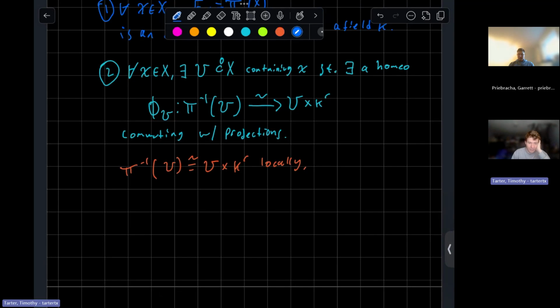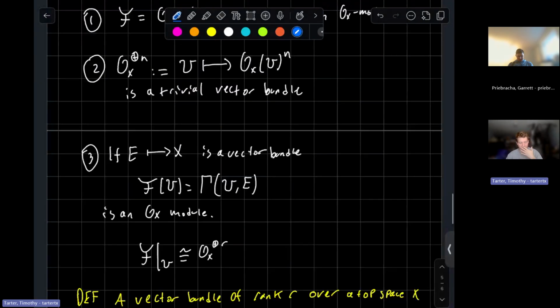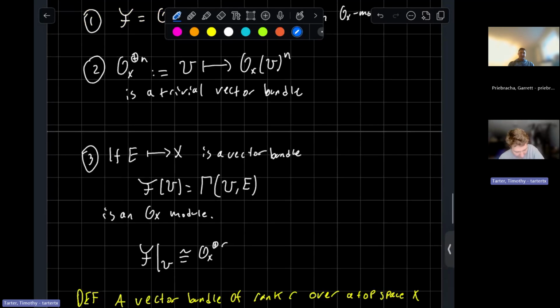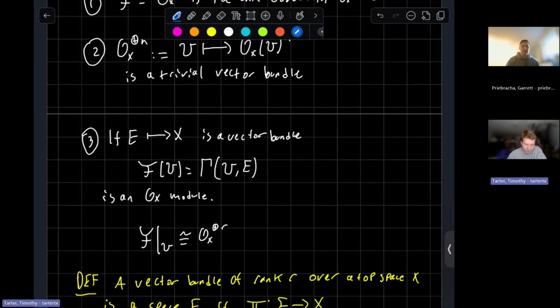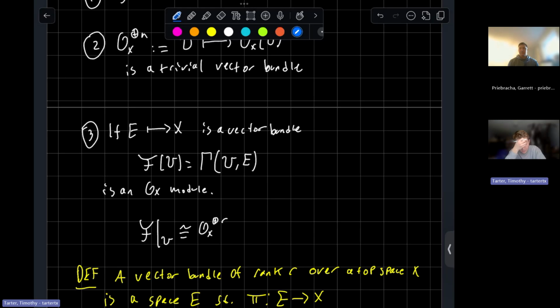So at each point in the topological space, a vector bundle looks like that base point and a vector space. But globally, all of the vector space things might be twisted together. So a trivial vector bundle is one where the entire space is globally the same vector space. Whereas we identify a vector bundle as an OX module, a sheaf over an open set that is the global section functor of U into the vector space.